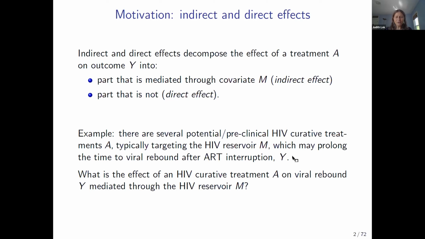That's the outcome of interest, because in the end, the goal of these HIV curative treatments is to prolong the time to viral rebound after ART interruption. The mediation question in this case is, what is the effect of an HIV curative treatment A on viral rebound Y that is mediated through the effect that A has on the HIV reservoir M?